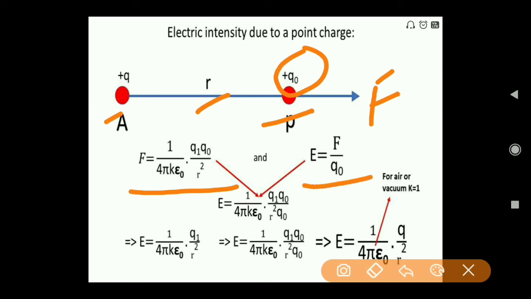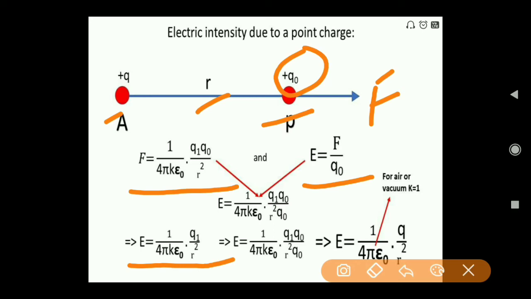But according to the definition of the electric field intensity, E is equal to F by Q naught. So just put the value of F in this relation, you will get E is equal to 1 upon 4 pi epsilon naught K Q1 Q naught upon R square into Q naught. After simplification, you will get E is equal to 1 upon 4 pi epsilon naught K Q1 by R square.